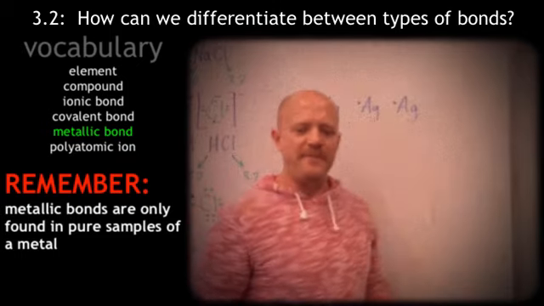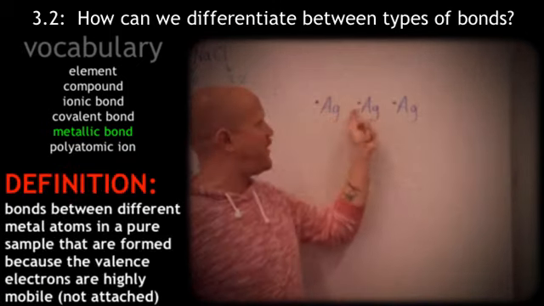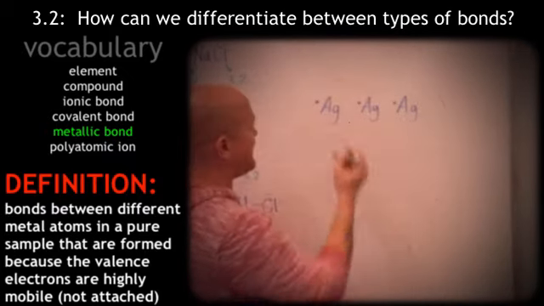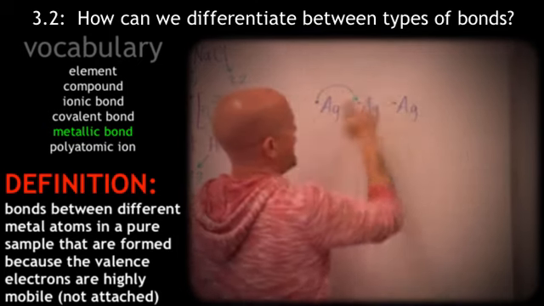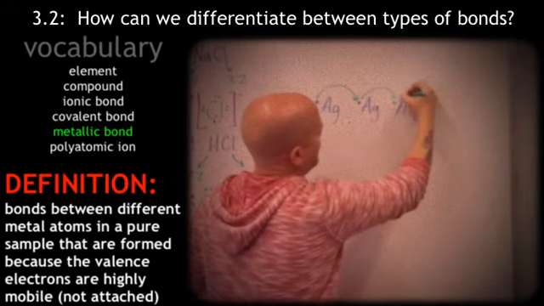In a sample of a metal, since the metals are so big, they don't really hold on to their valence electron that strongly. That also means that these valence electrons can jump from one atom to the next. When this one jumps over there, then this one has to jump over there, and so on and so forth.